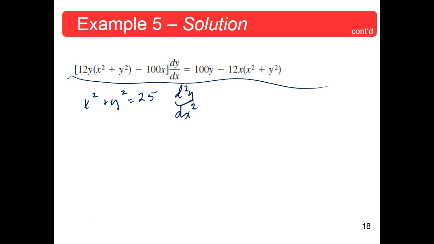So what would we do first? Take a derivative. Excellent. What would that be? 2x plus 2y, y prime, equals 0. Excellent. Okay. Now what?